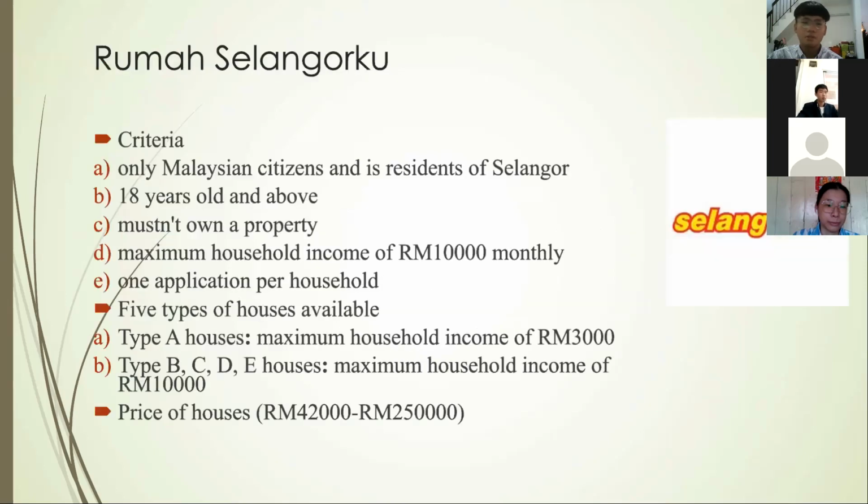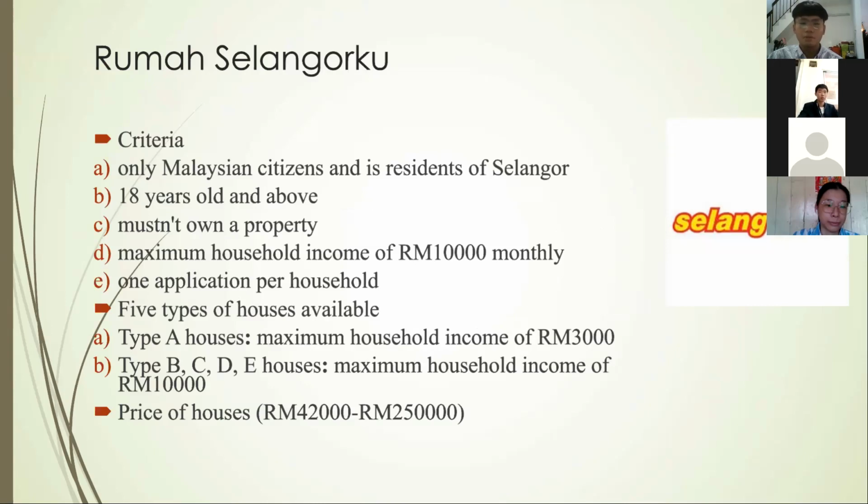Next. For example, the criteria of Rumah Selangorku is only Malaysian citizens and residents of Selangor, 18 years old and above, must not own a property. Maximum household income of 10,000 monthly. One application per household.